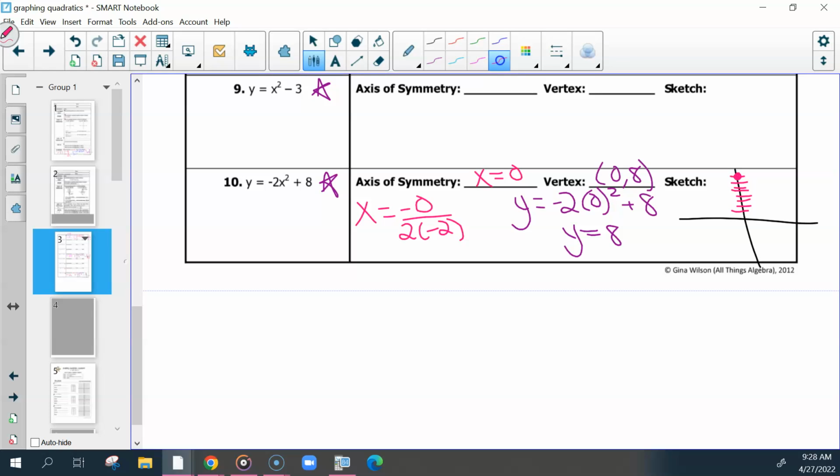Would this face up or down? Down because this is negative. Yes. Then it would just change how we graph it, but we'll deal with that here in a bit. Sometimes we will have a C, sometimes we won't. That doesn't really affect us right now.